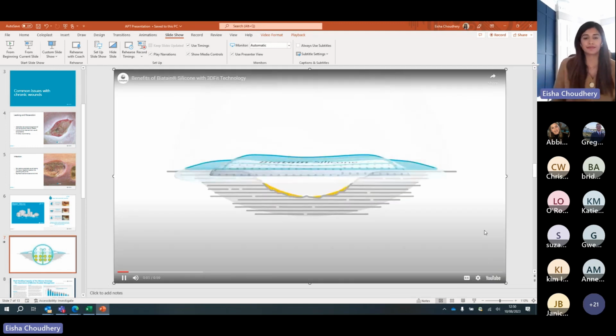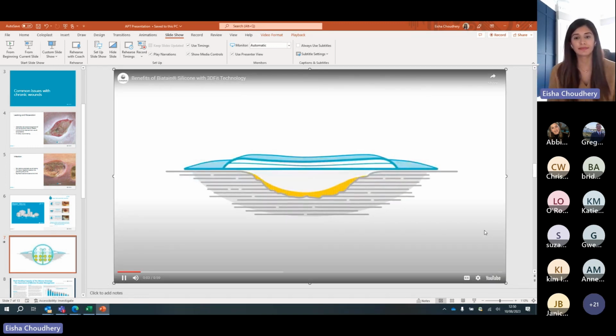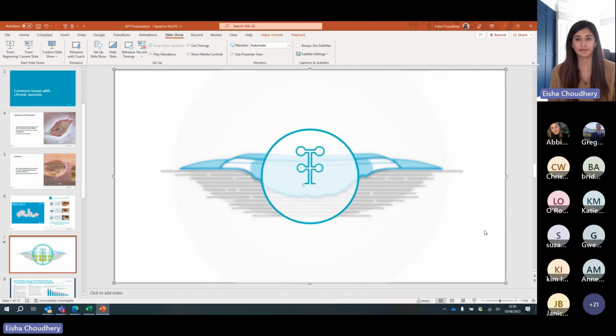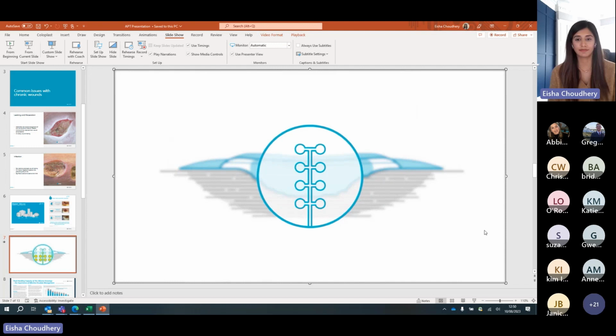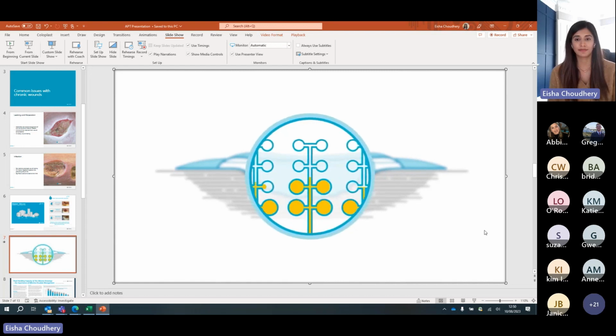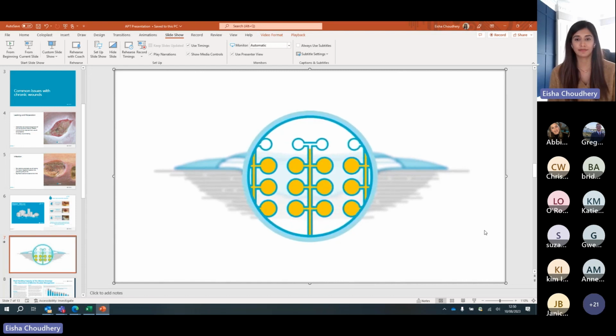Biotin silicone with 3D fit technology conforms to the wound bed to prevent gaps and exudate pooling. It absorbs the wound exudate and stops pooling before it starts. 3D fit is a highly absorbing foam technology with strategically placed microcapillaries. Once it comes in contact with wound exudate, the microcapillaries go into action, absorbing exudate vertically.